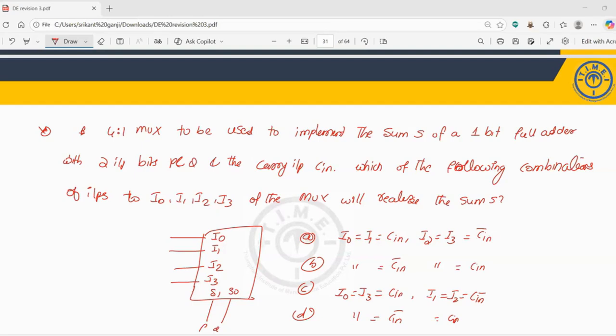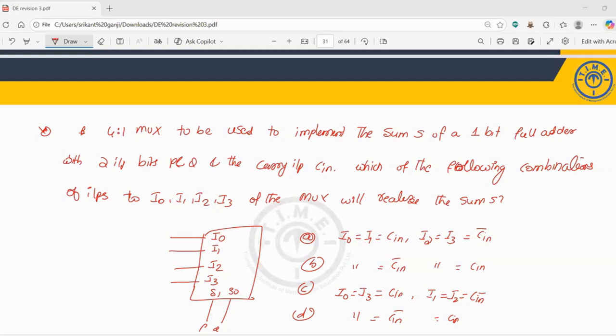So option C. Yes, my option C is correct.